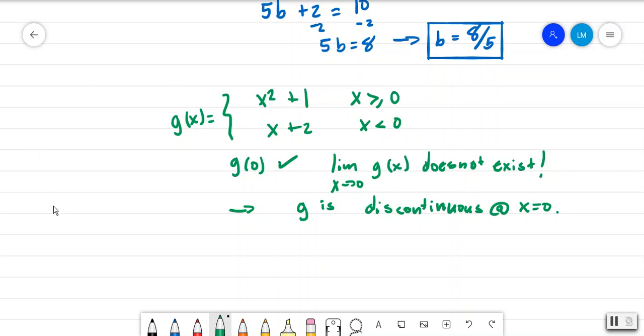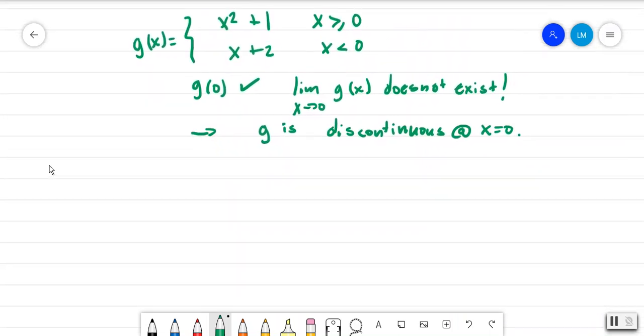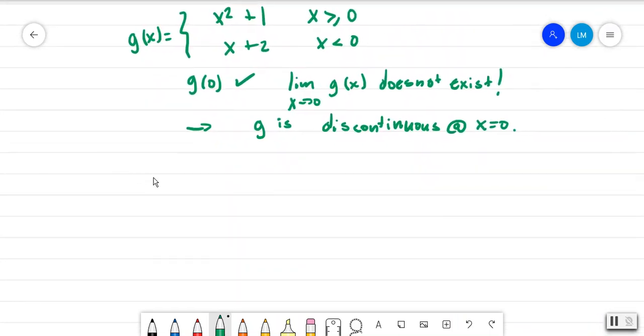Now, to visualize why it's not possible that the function is continuous at 0: we were able to redefine the previous problem so that it's continuous, but for something like this it's just not possible unless you redefine the rules.